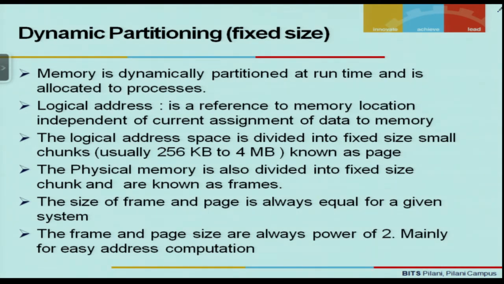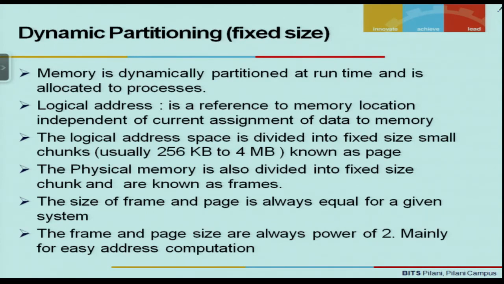Shortly we will see. Usually we find that the logical address space is divided into fixed size small chunks, and the size of small chunks can vary from 4 kilobytes to 4 megabytes.